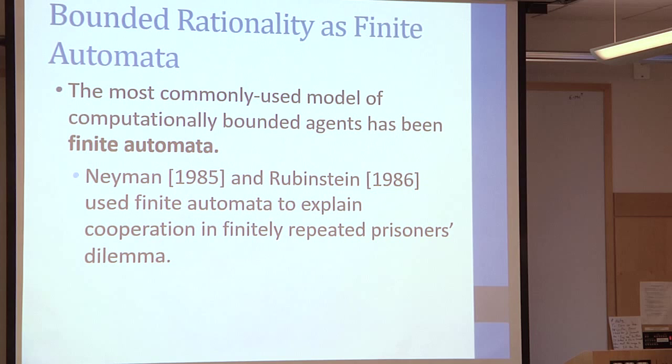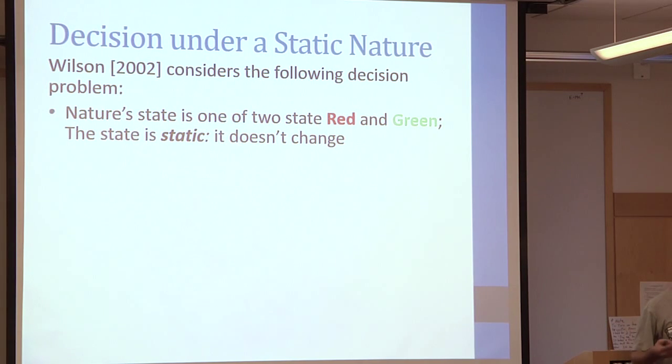It goes back to the 80s, where both Neyman and Rubinstein, in two separate works, used it to explain cooperation in finitely repeated prisoner's dilemma, where we know the only Nash equilibrium is for both players to defect. If you don't know exactly what it is, it's not that important. But this is the first example of using finite automata to explain why people don't do what the theory predicts them to do.